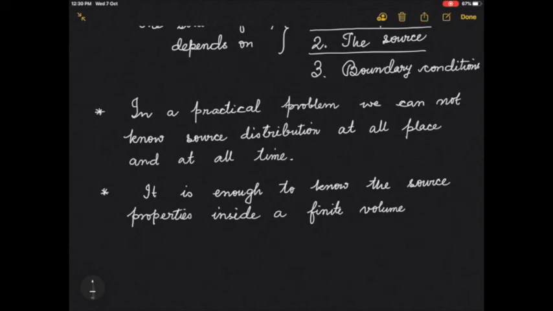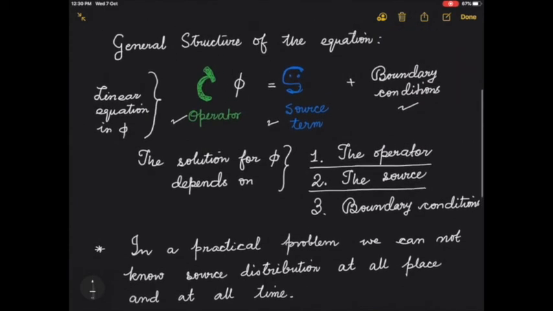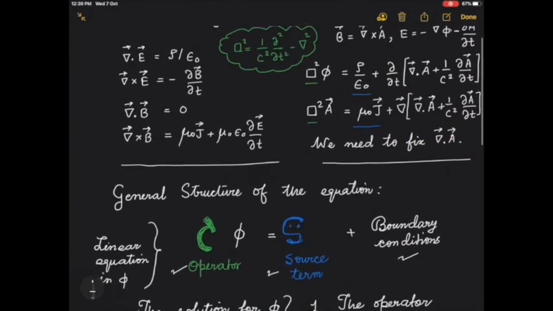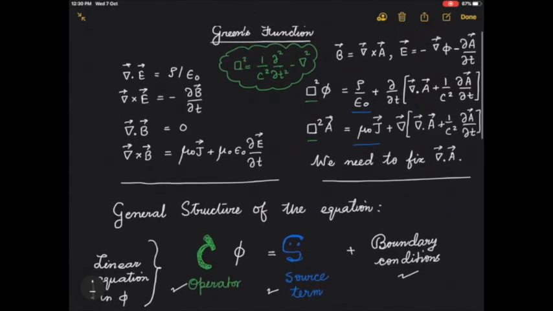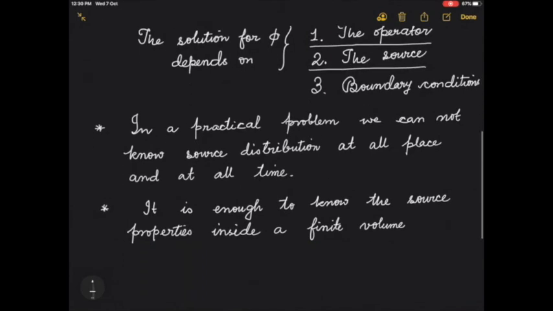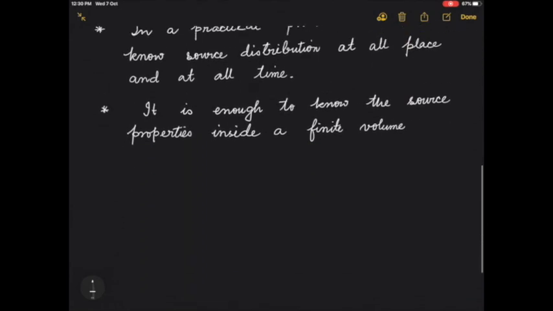Now, when I say finite volume, if your source function is a function of x and t, like these rho's and j's are, then obviously that volume is a volume in space as well as in time. A volume in time essentially means from a particular past time to a particular time in future. So that is what is required, and that is what is enough to know.